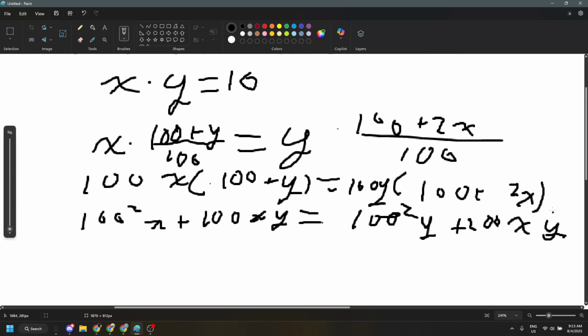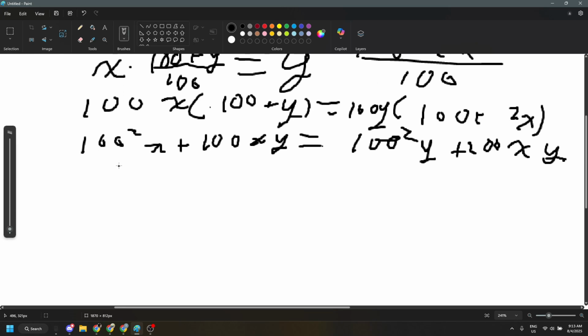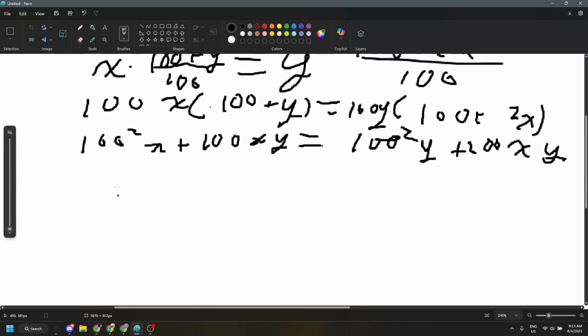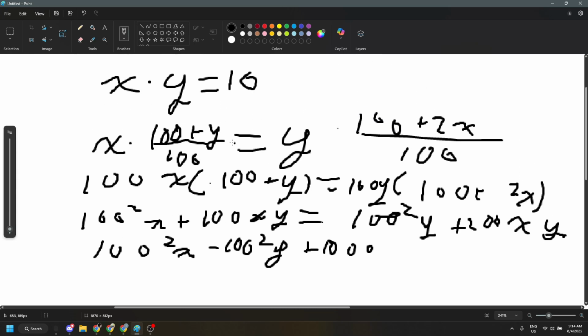Okay. Now, oh, look at that. Now I'll just do 100 squared x minus 100 squared y. Now, plus 1,000, because this is 10.